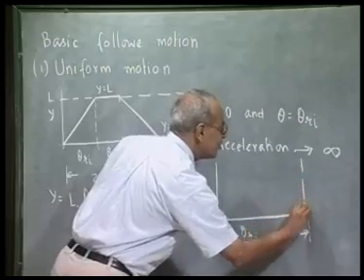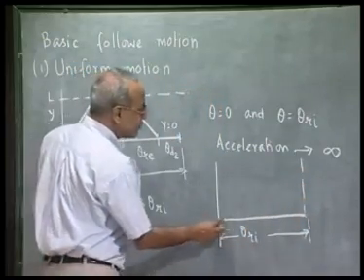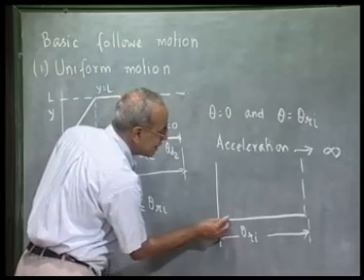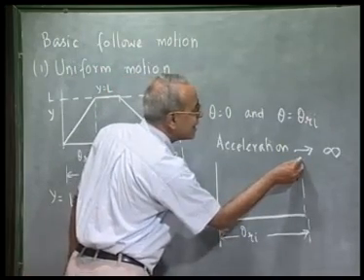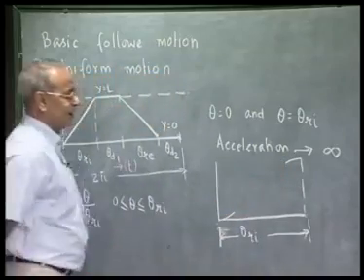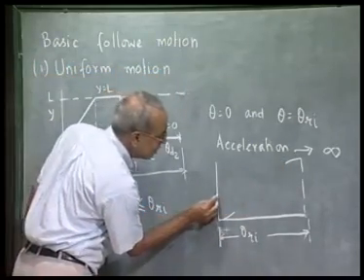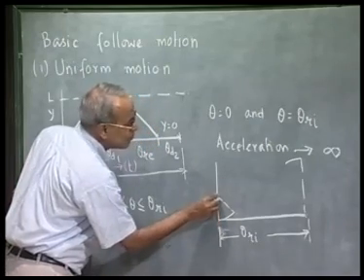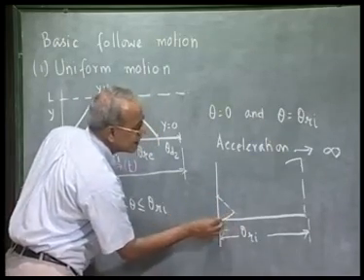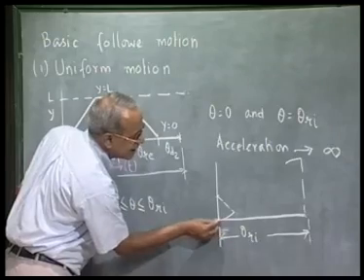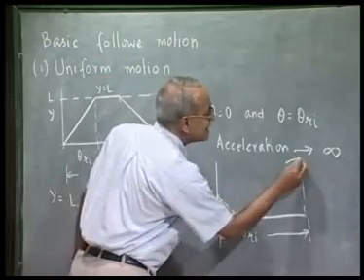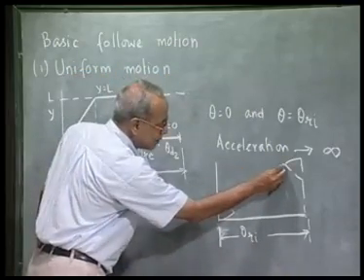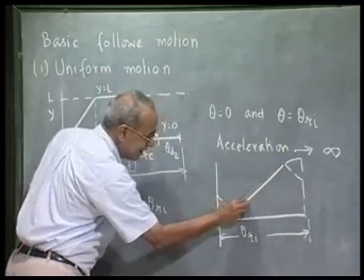If we want to have uniform motion, then bulk of the motion will take place at constant velocity, but at the beginning and at the end we draw a circular arc with some point as center, such that the tangent here is horizontal and the tangent here is again horizontal. And these 2 points we can join with a straight line.